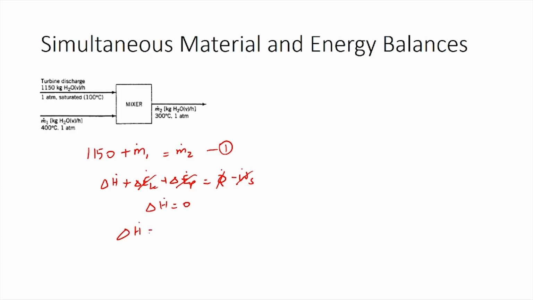So, delta H dot would be equal to sigma of the outlet streams Mi dot Hi cap minus sigma of the inlet streams Mi dot Hi cap.